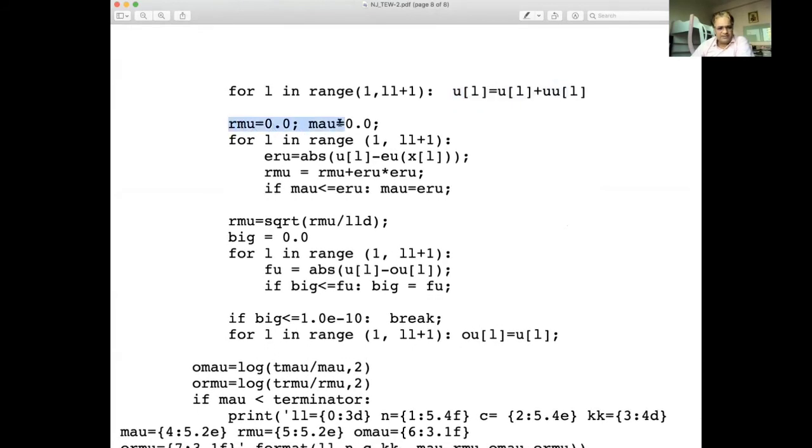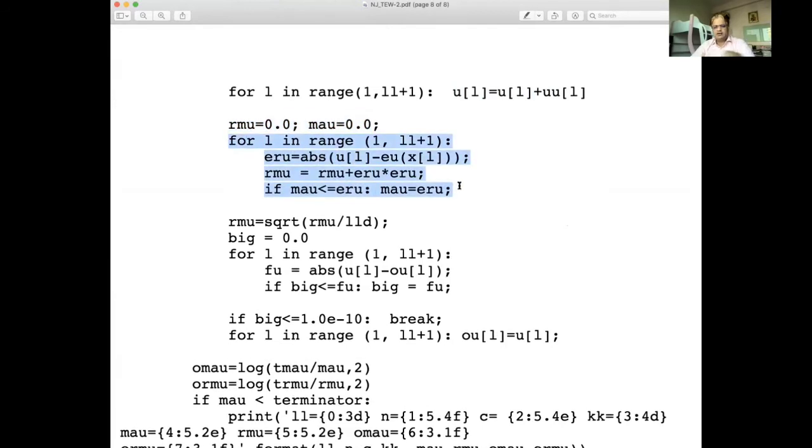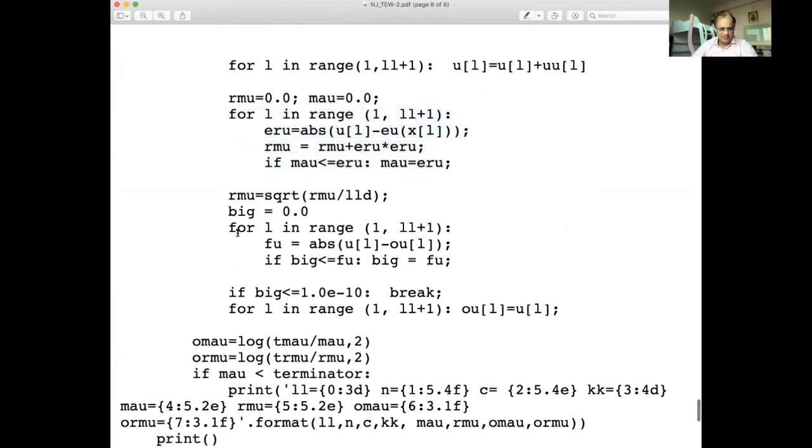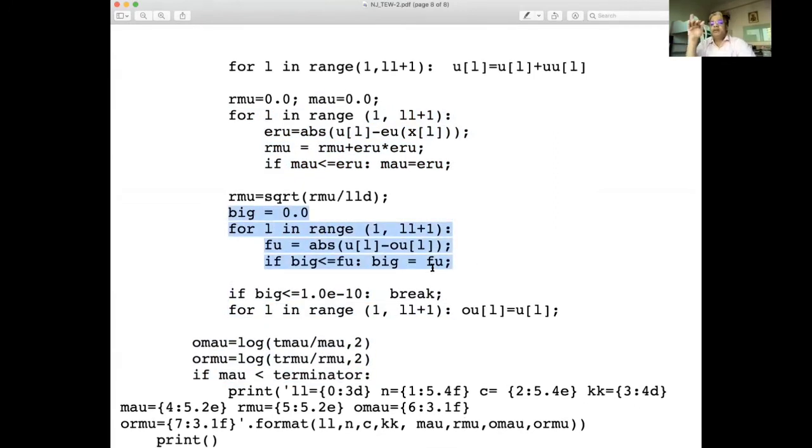First of all I will calculate the error. Here also the L infinity error and L2 error are calculated exactly the way we calculated for the linear problem. This will tell you at which place you have to stop.